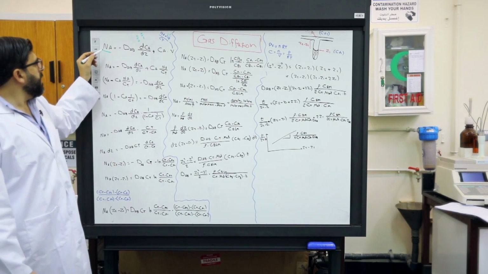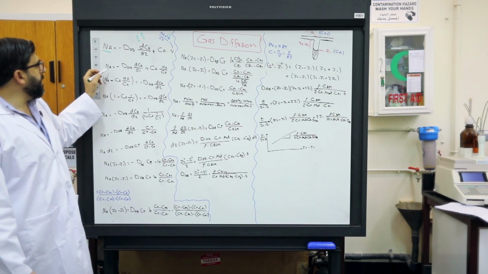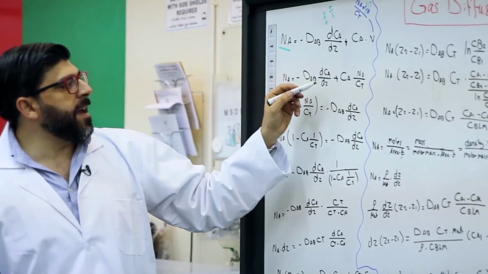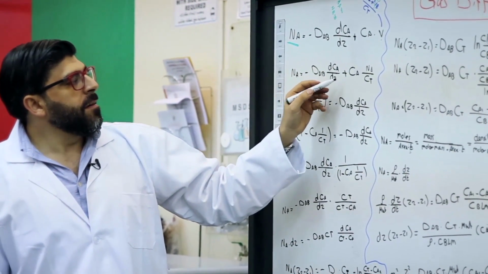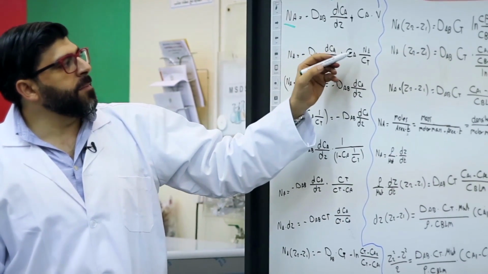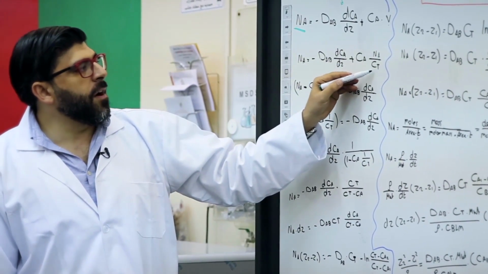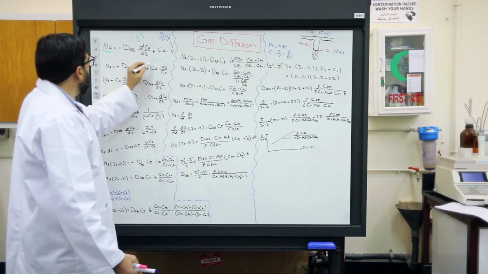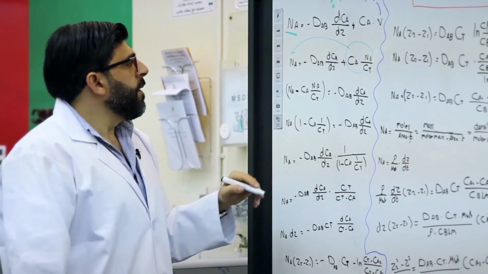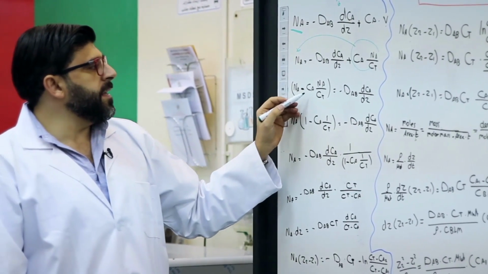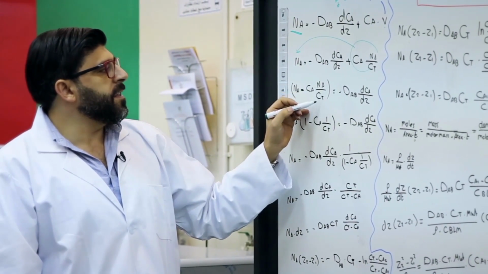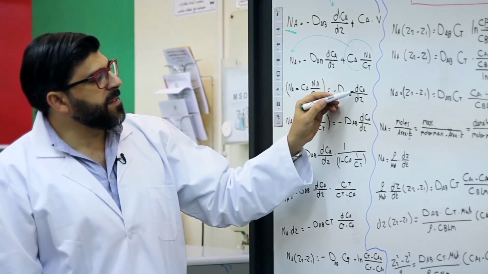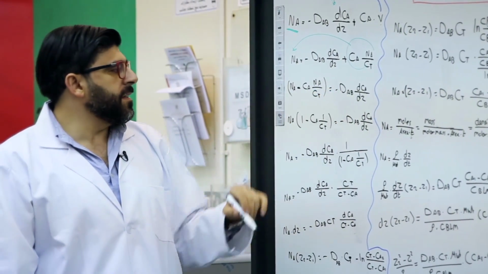Then the equation for the flux of A will be minus D_AB times dC_A over dz, plus C_A times N_A over C_T only. Let's take this part and move it here. So N_A minus C_A N_A over C_T equals minus D_AB times dC_A over dz.